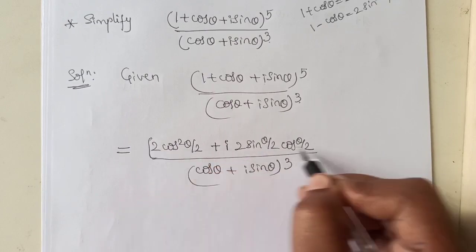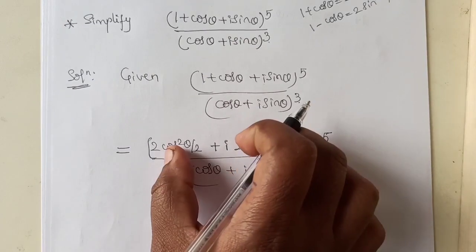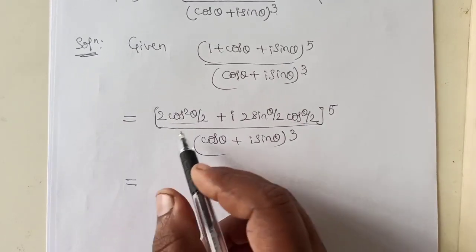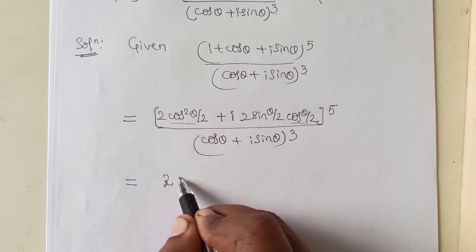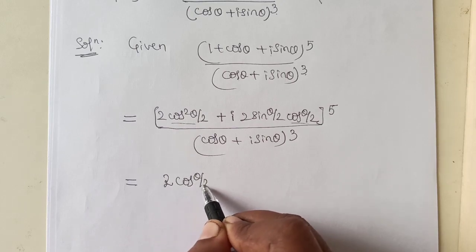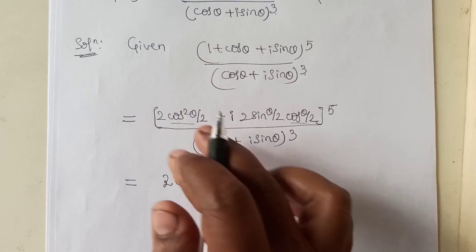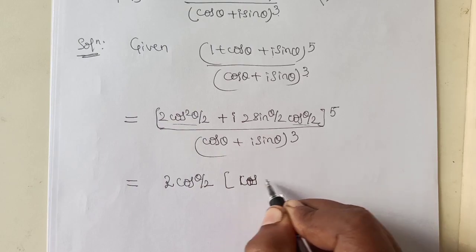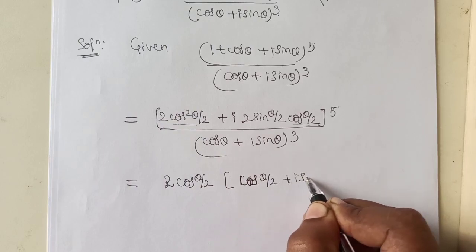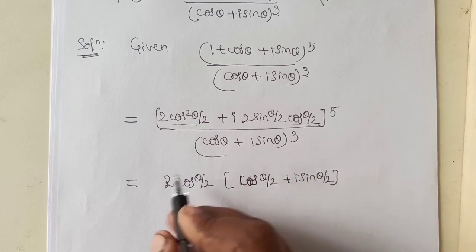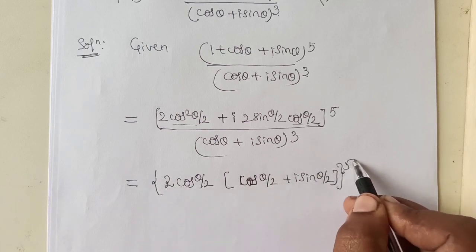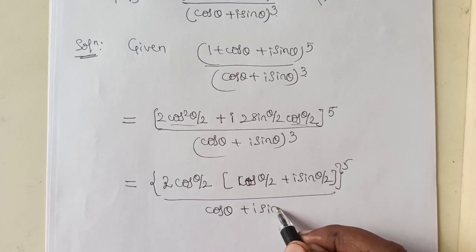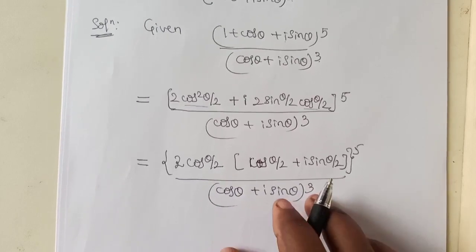Here we have the whole power 5. In this case we can take 2 cos(θ/2) as a common term. On taking it common, in the bracket one term of cos remains, so we get cos(θ/2) + i sin(θ/2), whole power 5, over the denominator (cos θ + i sin θ) cubed.